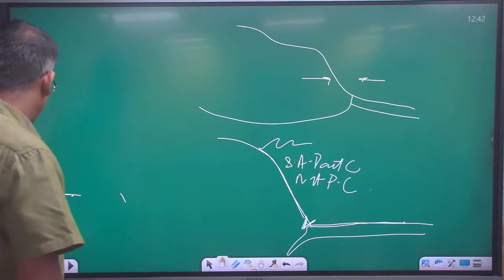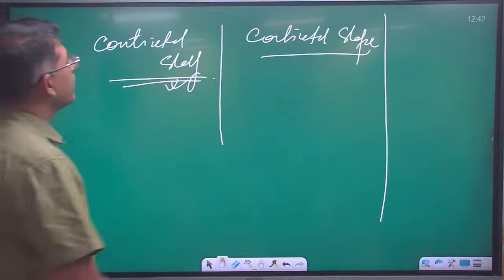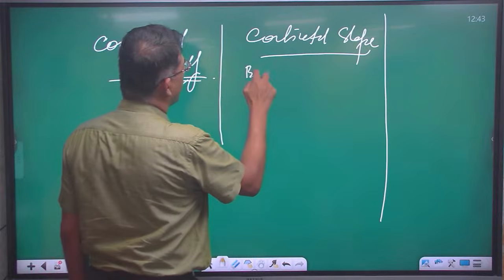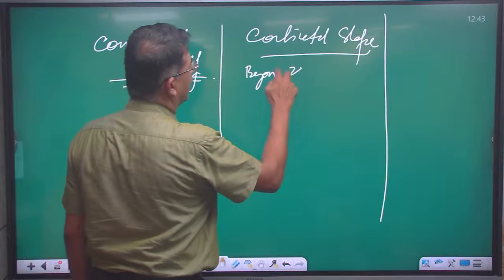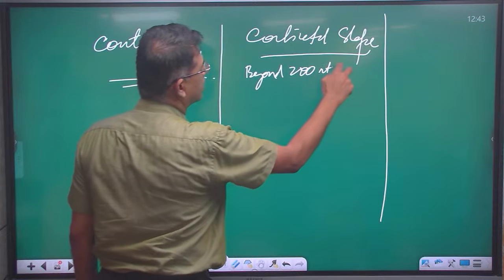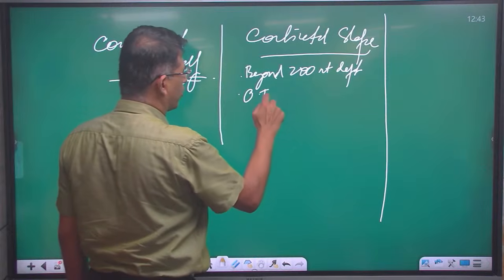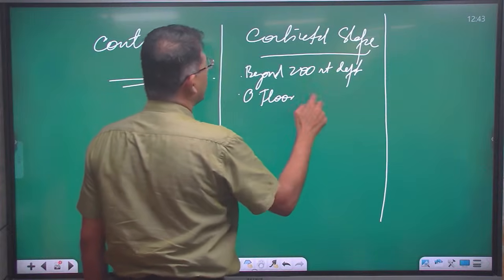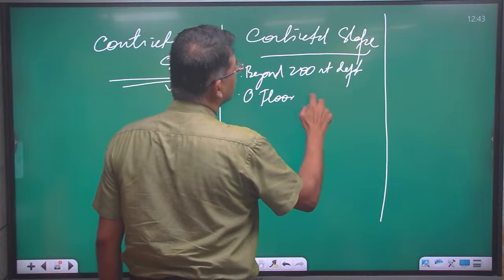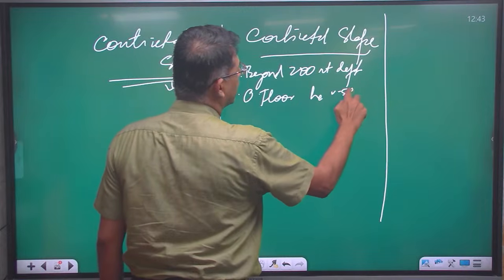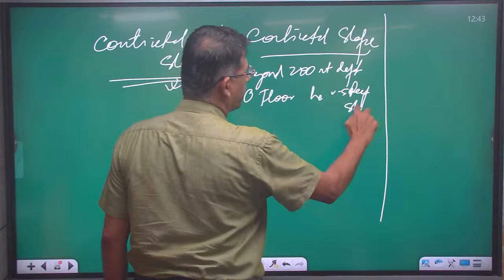Check. Let's move on. So about the slope, this is beyond 200 meters depth. The ocean floor has a very steep slope.